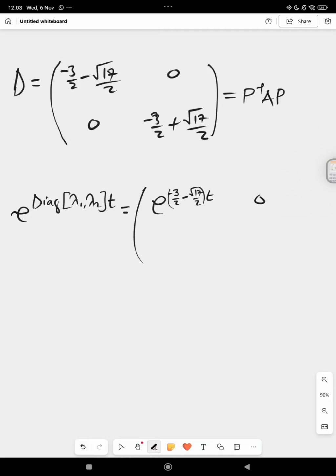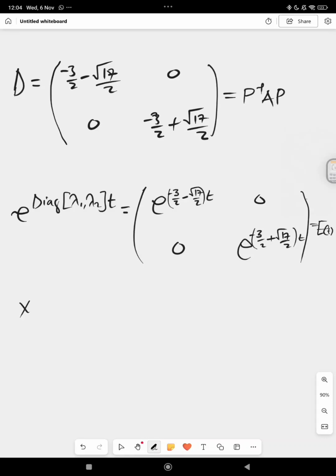Then 0, 0, e raised to the power minus 3 over 2 plus square root of 17 over 2, all multiplied by t. So now we have all the information. This is also given by e of t.